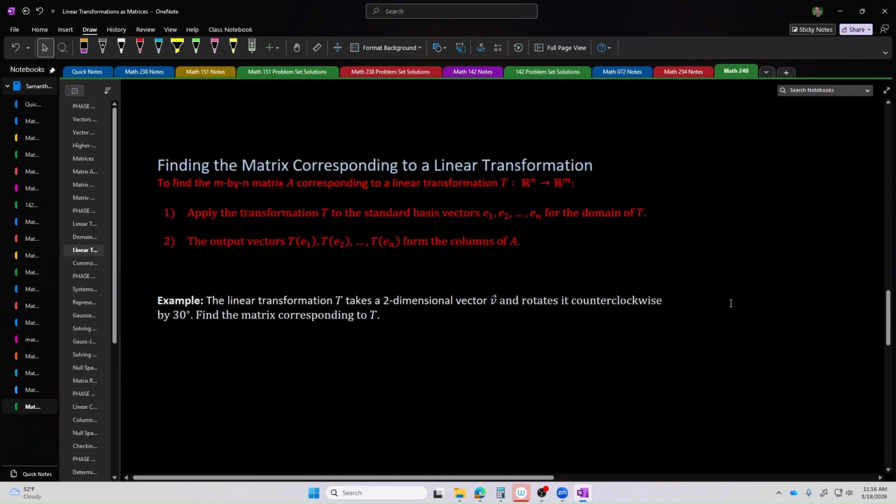So here's the general process for finding the matrix that represents a linear transformation.